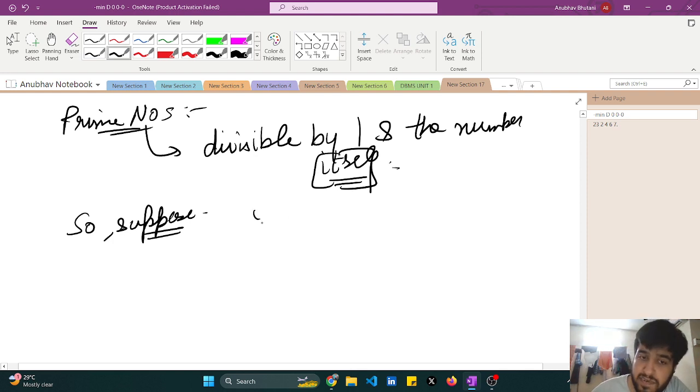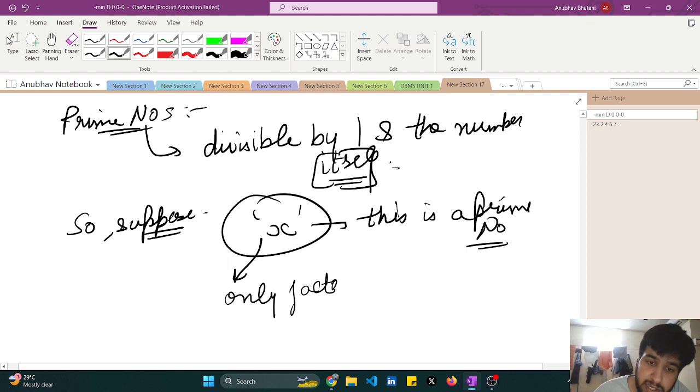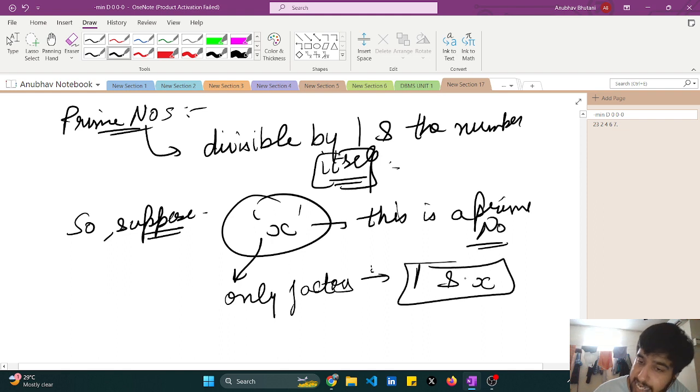Suppose I am given a number x, how would I know that this is a prime number? You just told that the number should be divisible by 1 and itself. So the only factors this number would have are 1 and x itself.